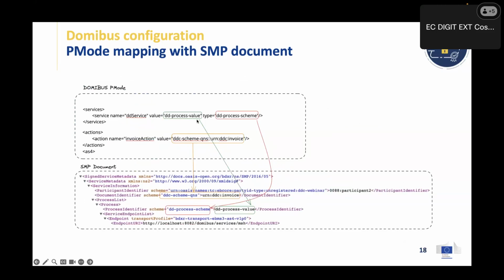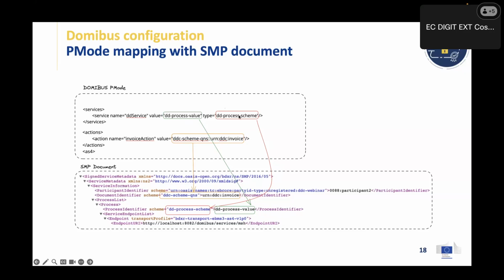Now I will explain how we got the values that we configured before. So the service and the action: these values must be configured in Domibus in order to match the SMP service metadata. The service value must match the process identifier value.